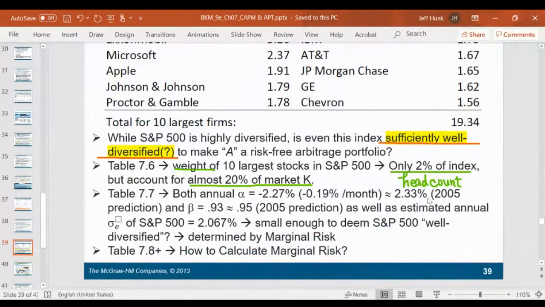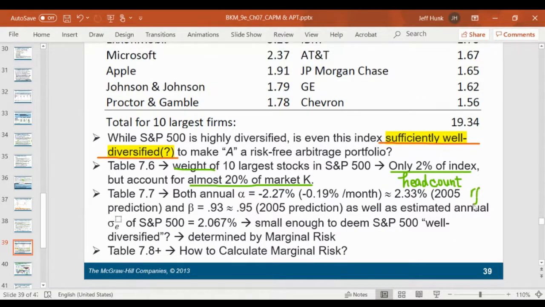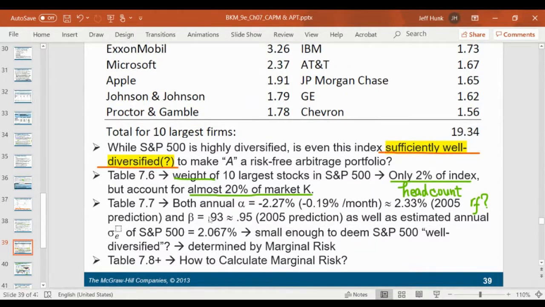But anyway, was this RF? Otherwise you might say this is negative and this is positive.